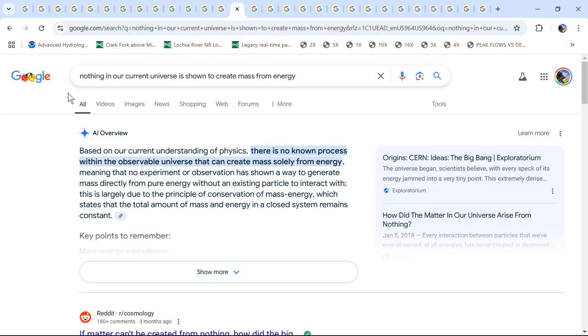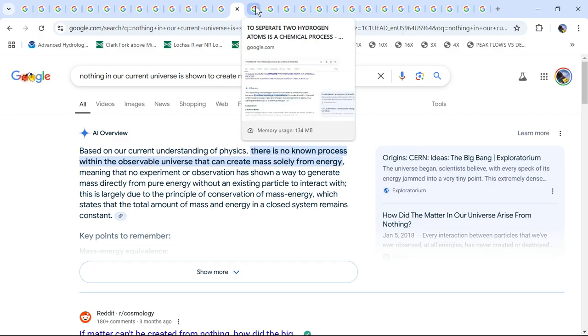But more questions. Nothing in our current universe is shown to create mass from energy, like stars and stuff. So there is no known process in the observable universe that can actually take energy and make a new proton, a new neutron, or a new electron. So it's kind of fascinating.